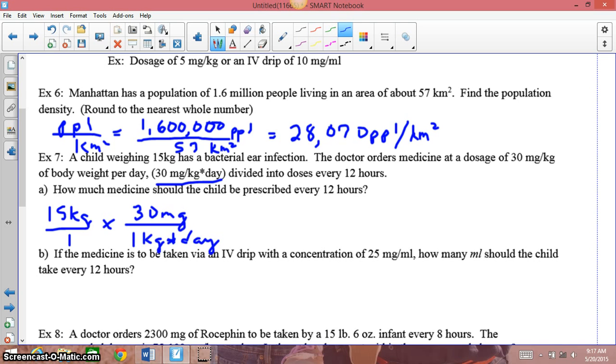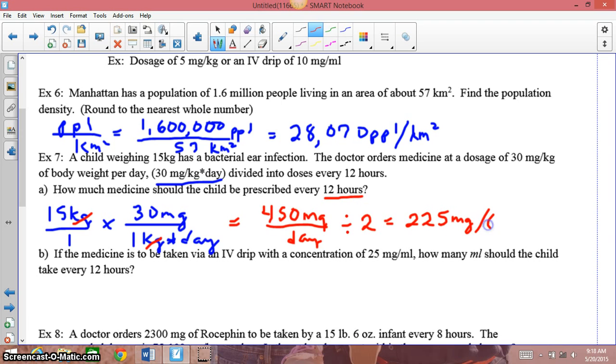And if you notice, at that point, the units that are canceling out, kilograms, and that's the only units that are canceling out. And so then you can see, okay, after I multiply straight across, then the child is receiving a dosage of 450 milligrams per day. And then the only thing that I need to do from there is, since I want to know, well, how much will they get every 12 hours, we know in a day there'd be 2 12-hour periods, so just divide that by 2. And we'll be looking at 225 milligrams every 12 hours.